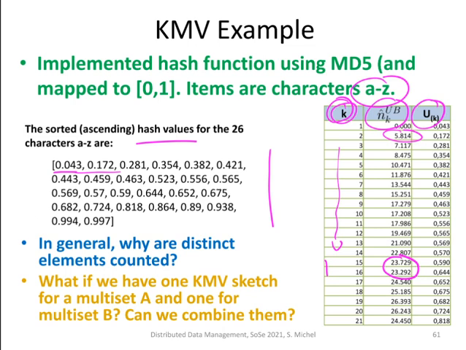Now, like for the Flajolet-Martin sketch, let's assume we have one KMV sketch for a multiset A and one for a multiset B. Can we combine these sketches to get an estimate for the union or maybe the intersection as well?